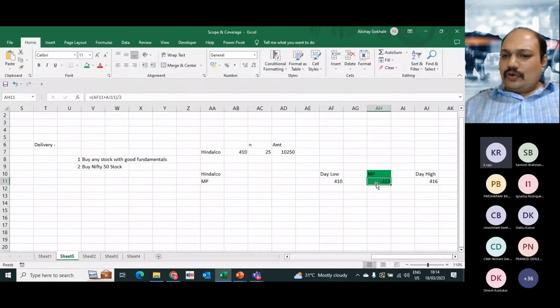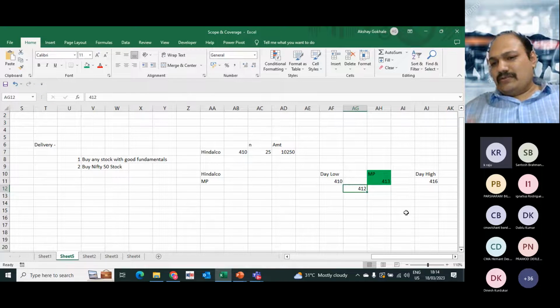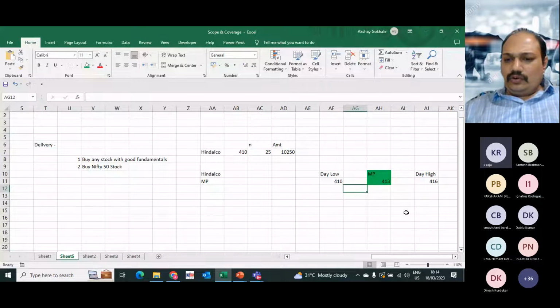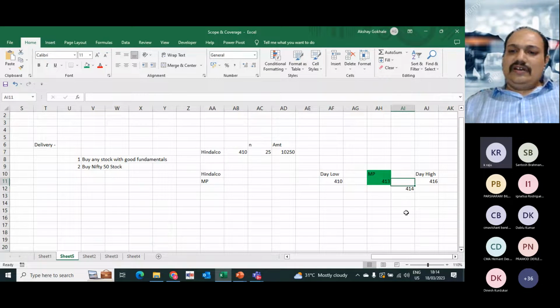So if Hindalco goes below 413 and is trading at 412, what will you do as per the midpoint strategy? Sell. You will exit. And suppose it goes to 414, then what will you do? You will buy.